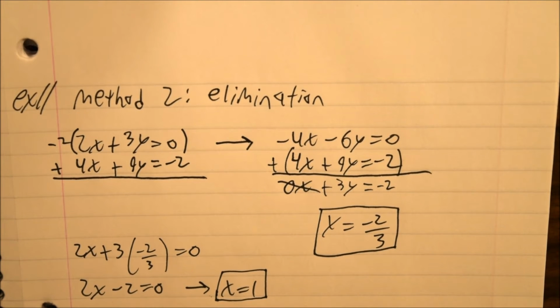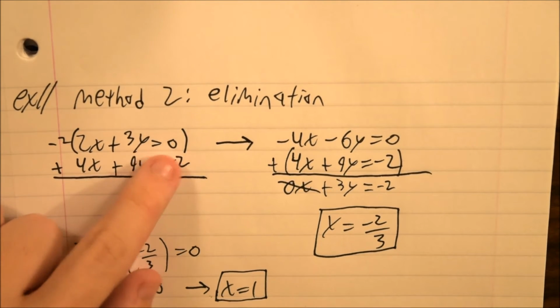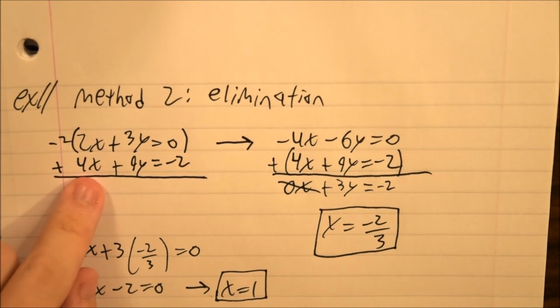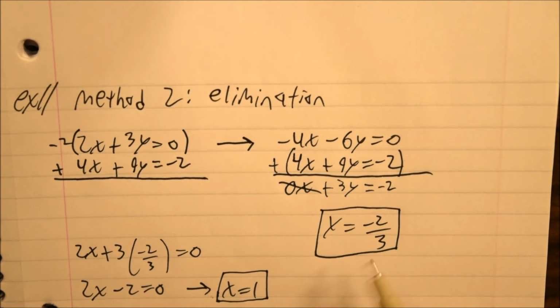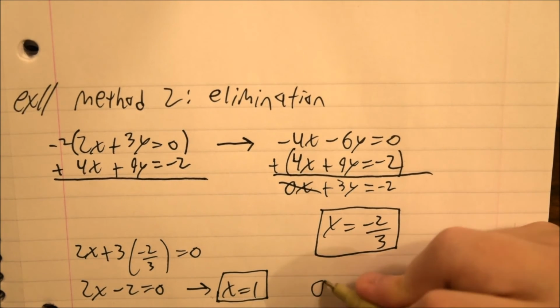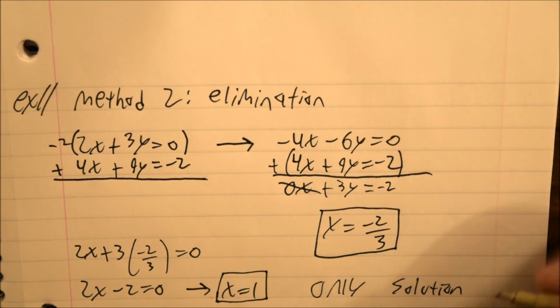So now I have this. If I plug in 1 for x and negative 2/3 for y in the first equation, I would get 0. And if I plug in 1 and negative 2/3 in the second equation, I'd get negative 2. So these two numbers, x equals 1 and y equals negative 2/3, are the only solution for this system.